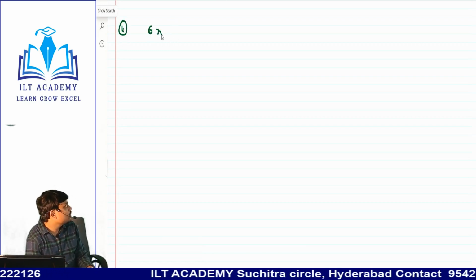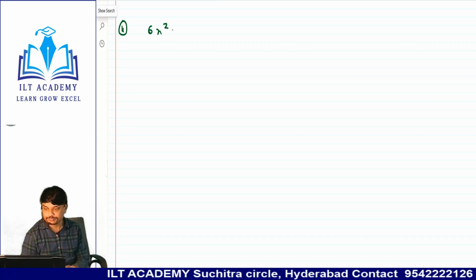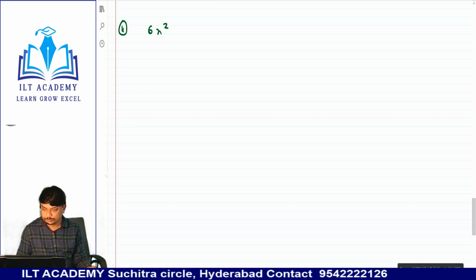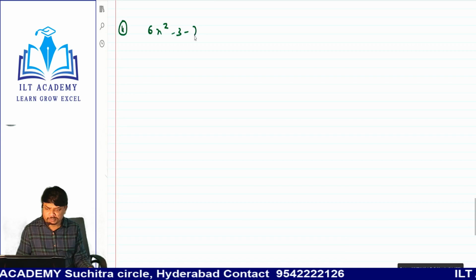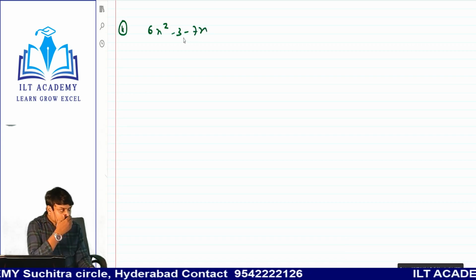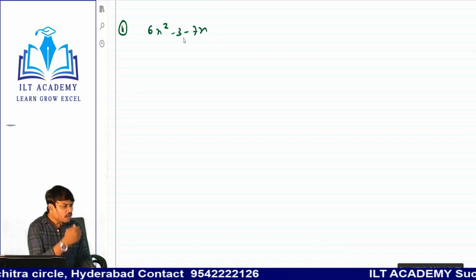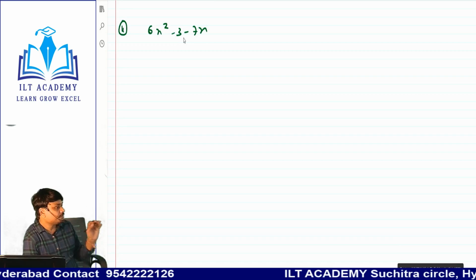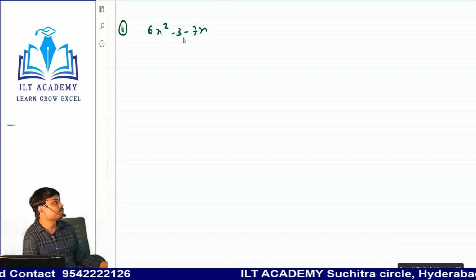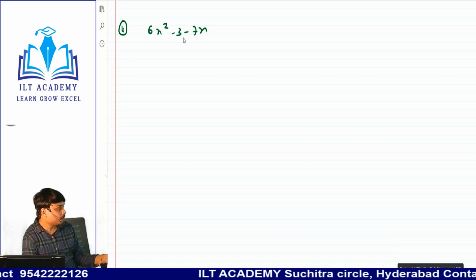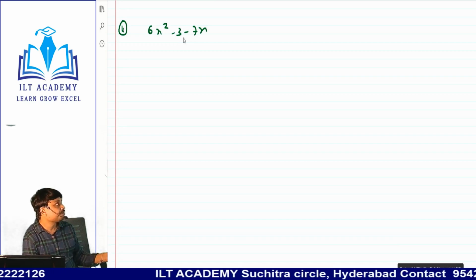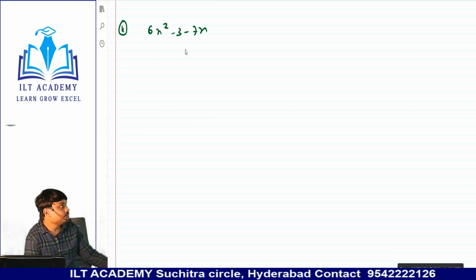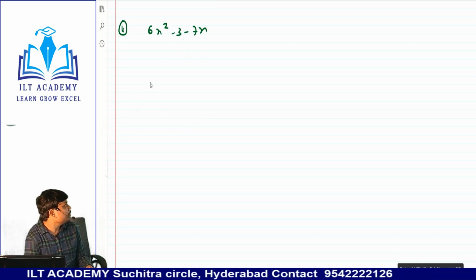Six x square minus 3 minus 7x. Now see, I'm sorry. Now see, if you see here, there is some mischief in this question. What is that mischief? They are not in order. It is not in order.